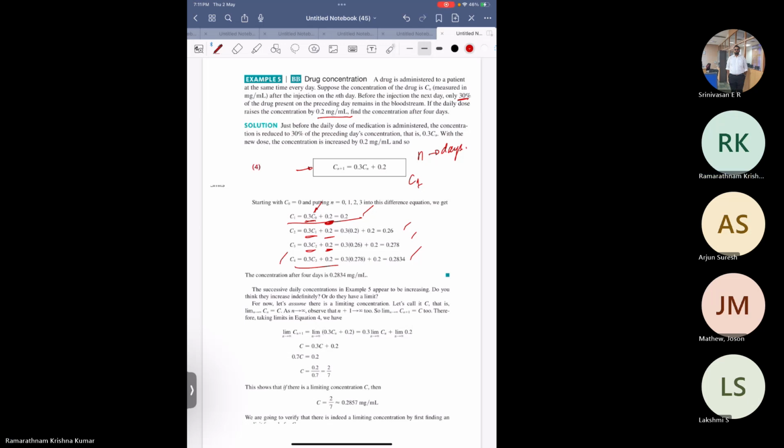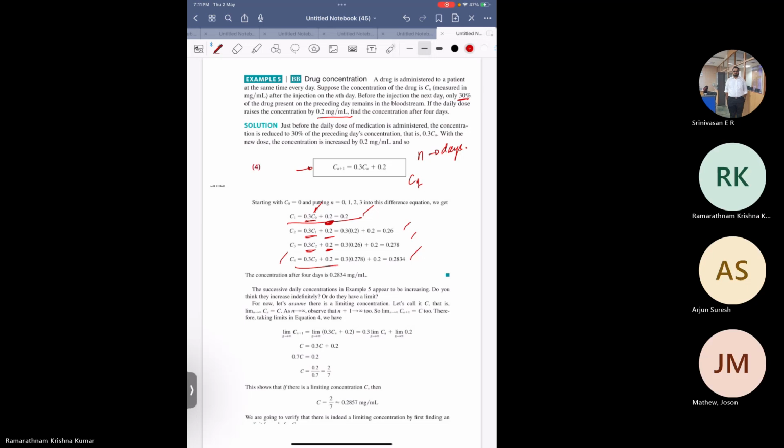Let's say 10 days you give. Will it keep on increasing? What is your answer? Or will it reach a saturation? Looks from what you have seen for 4 days, it keeps increasing.